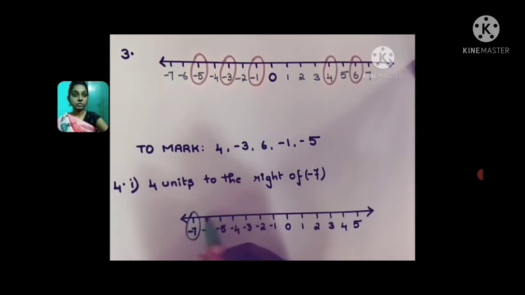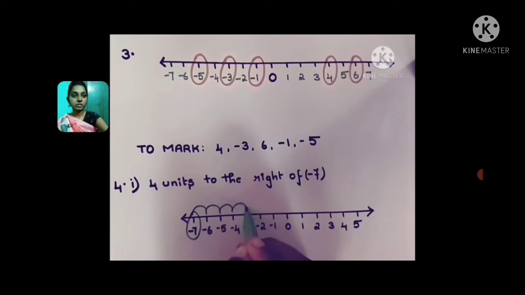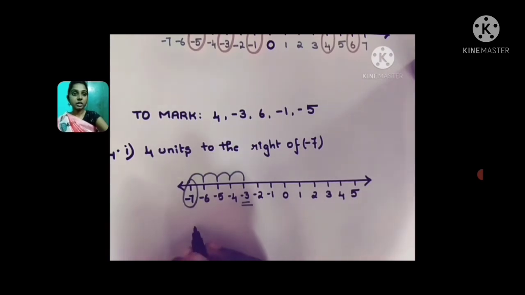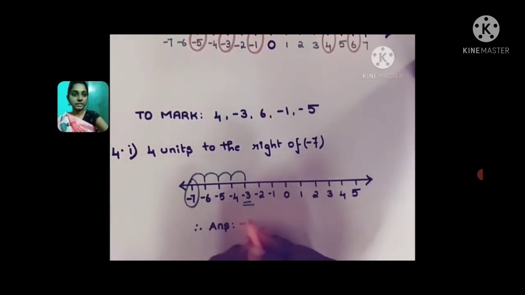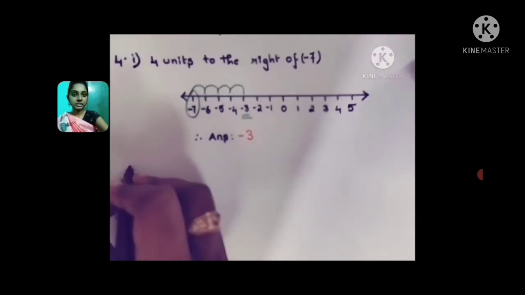We are asked to find the number which lies 4 units to the right of -7. So, 1 unit, 2 units, 3 units and 4 units. After moving 4 units to the right, we have -3 in the place required. Therefore, -3 is the integer present 4 units to the right of -7.